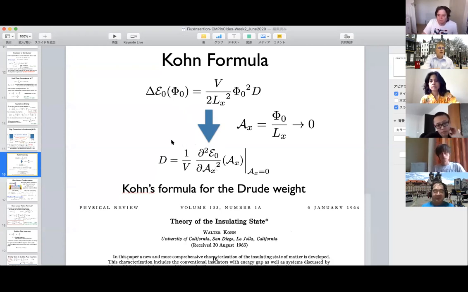This is the famous Kohn's formula for Drude weight, proposed at least in this paper. This is a very famous paper. But this is kind of an extension of Kohn's formula. Up to this point, I realized in my paper in 2003, already a pretty old paper. But recently we realized that this can be more generalized.